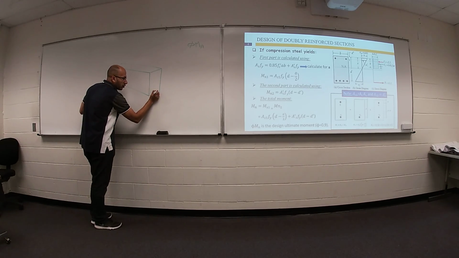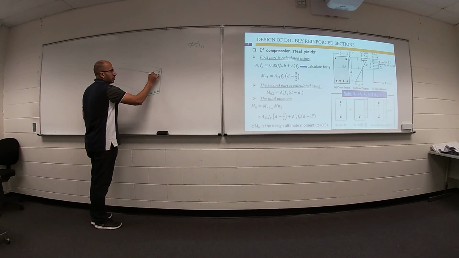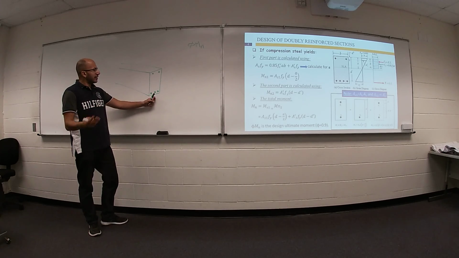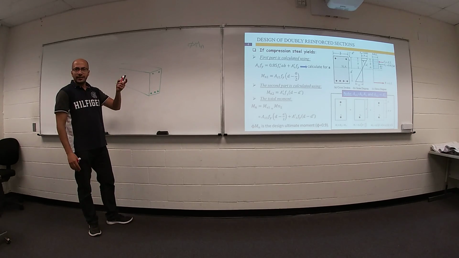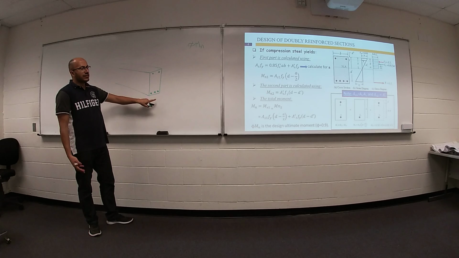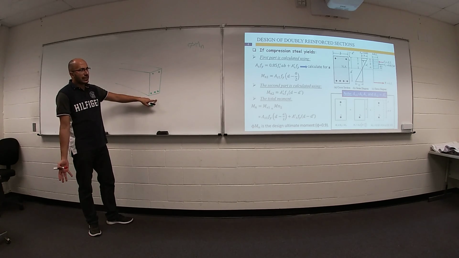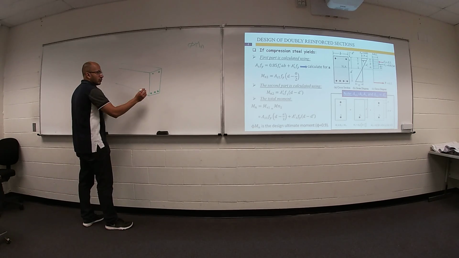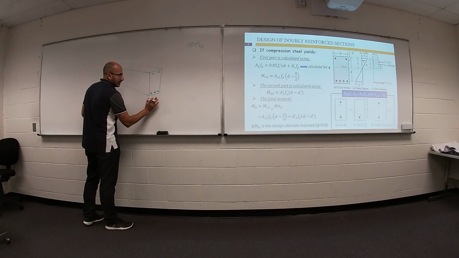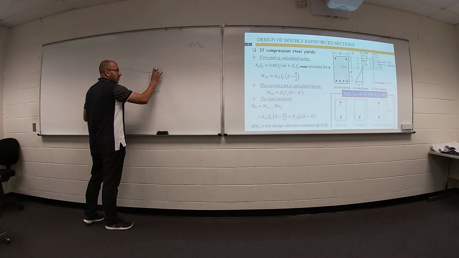We have bottom reinforcement. We have top reinforcement. Do you think where is the tension side and where is the compression side? We have steel reinforcement here, we have steel reinforcement here. Which side is in tension, which side is in compression? The more reinforcement, the tension side. So we have more reinforcement down, your tension is down, your compression is up.